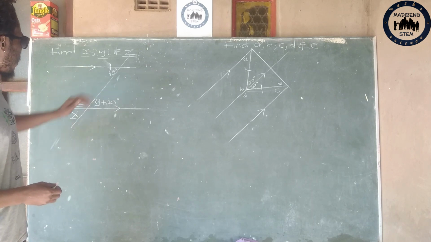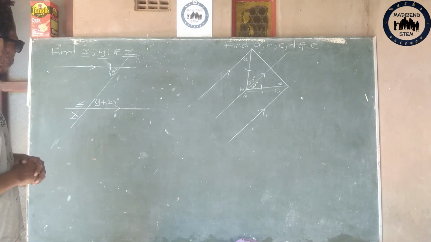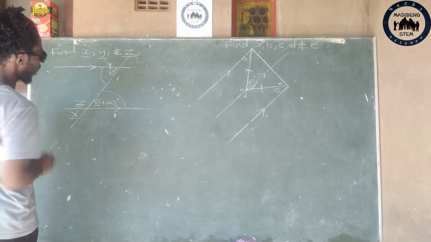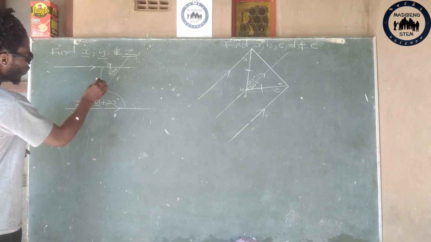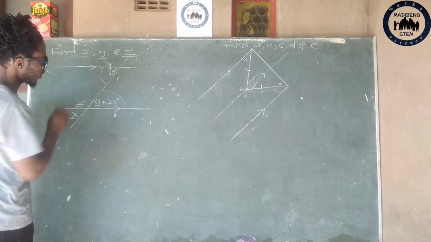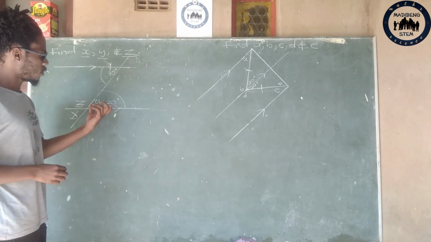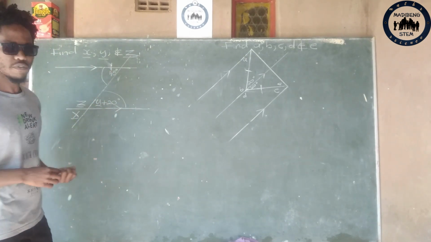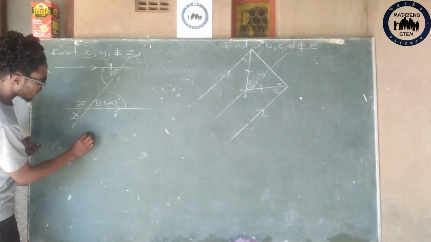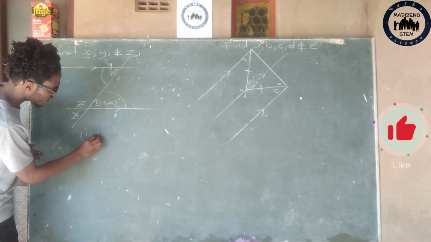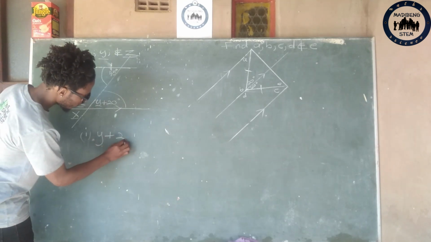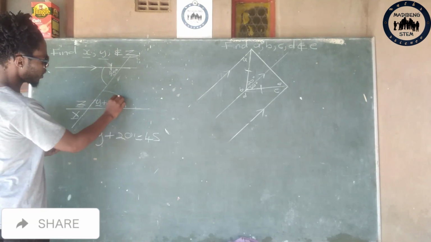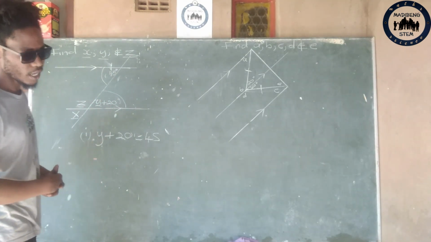So guys, here I will start with this one. This is alternating angles. We know that this angle is equal to this angle. And here, instead of an angle, we have y plus 20. So here it's 45. So I will say, first thing, y plus 20 is equal to 45. Why? Because this angle and this angle are alternating angles.